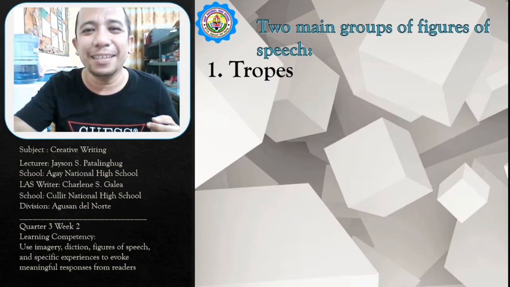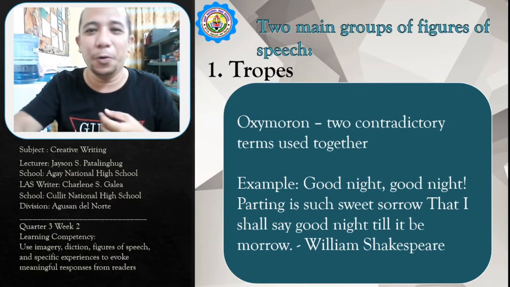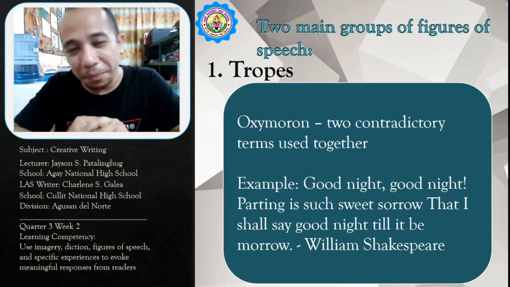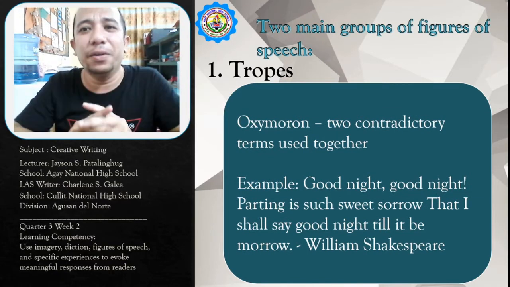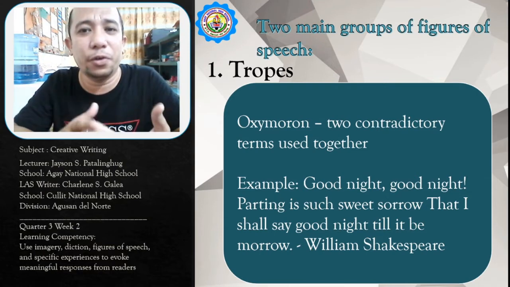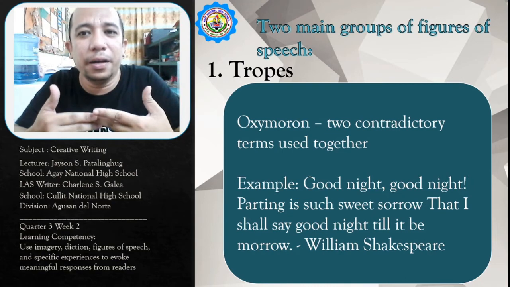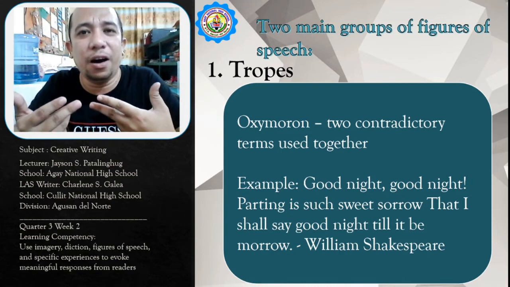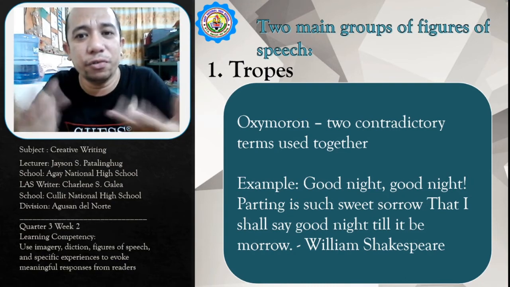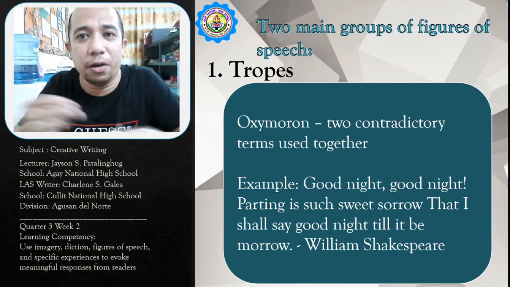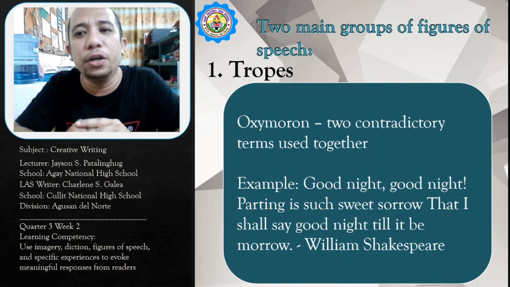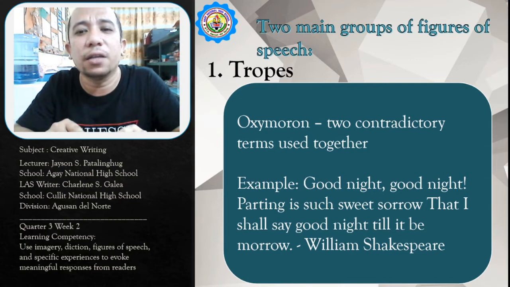Okay, the next type of trope is oxymoron. Now, the oxymoron is two contradictory terms used together. It's similar to irony, but the oxymoron uses two different things that are contradictory. Example: "Good night.